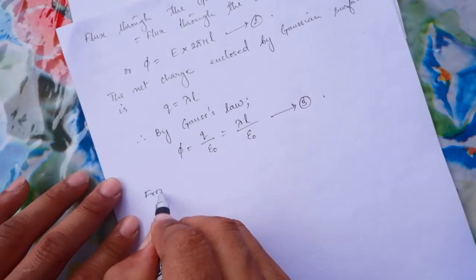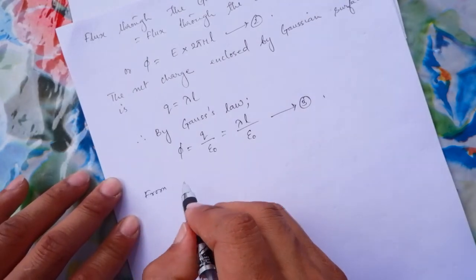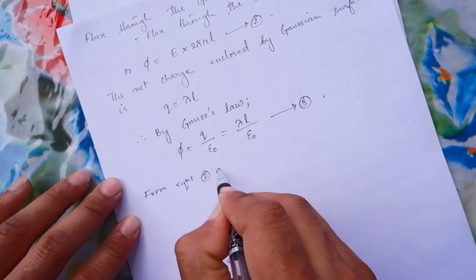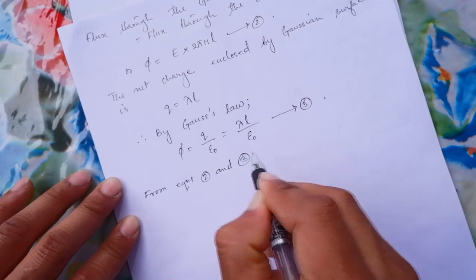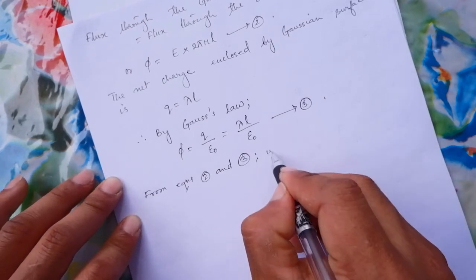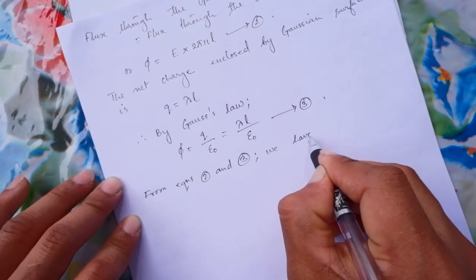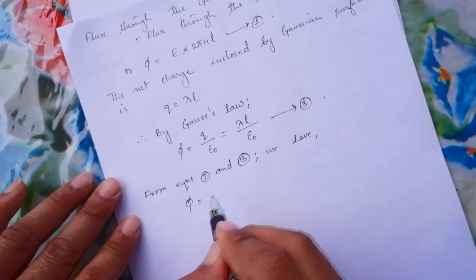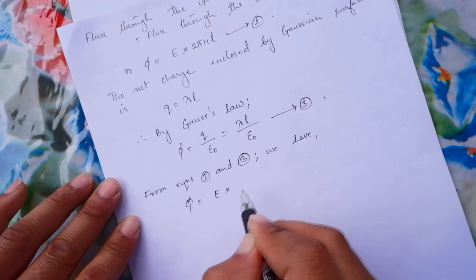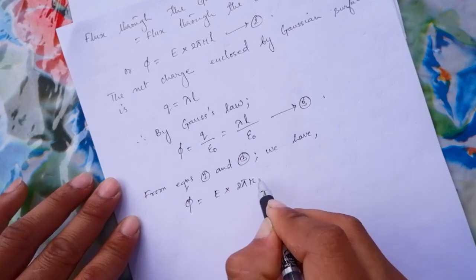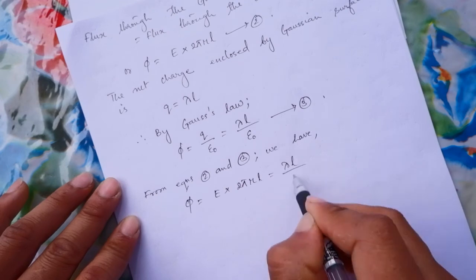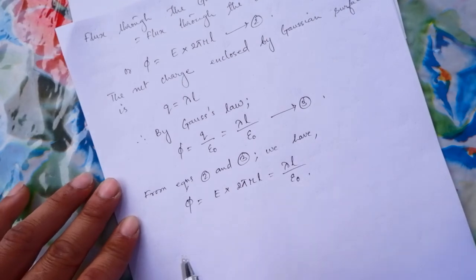From equations 2 and 3, we have phi equal to E into 2 pi r L, which is equal to lambda L by epsilon naught.